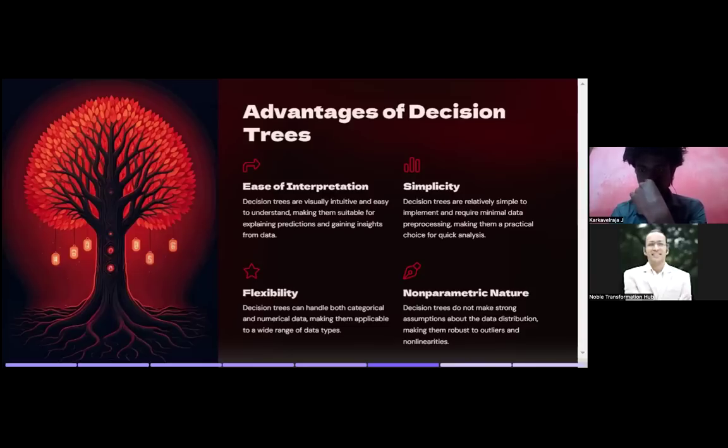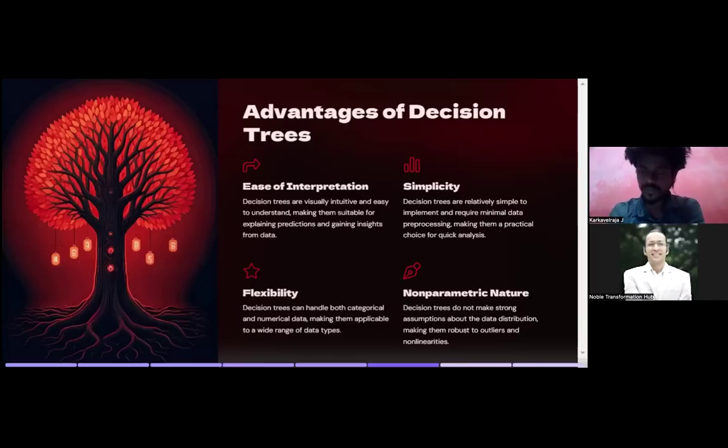But here decision trees do not do that. They are not strong on that assumption, because for them it's all about tree branches, nodes, and the root. Okay, and it's not about whether the data is normally distributed or not. So they do not make strong assumptions about the data distribution, making them robust.